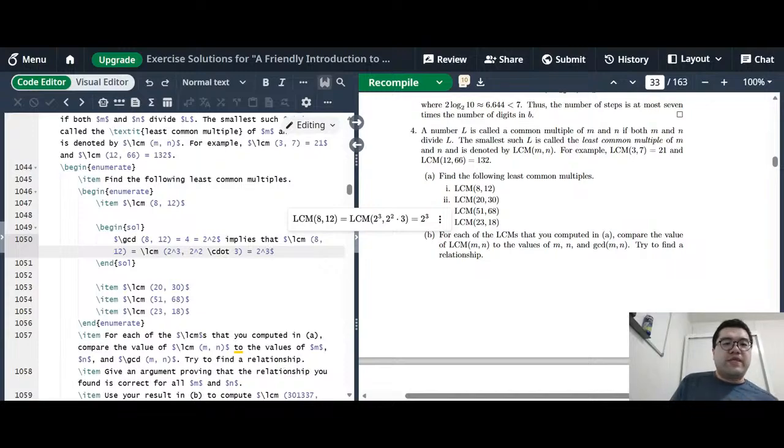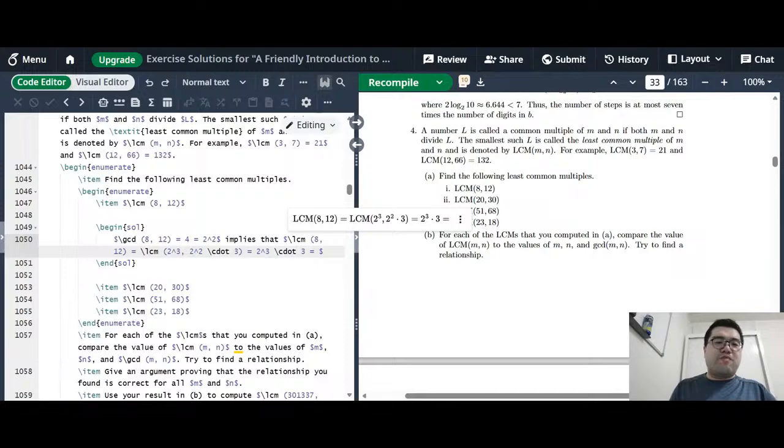So we see that in order to be a common multiple, we have to take 2 to the third power as part of the factor. Otherwise, if we have less than 3 copies, it won't be able to be a multiple of 2 to the third power, which is 8. Similarly, we have 1 copy of 3, or 3 to the first power.